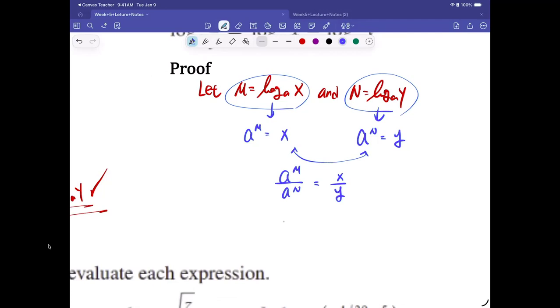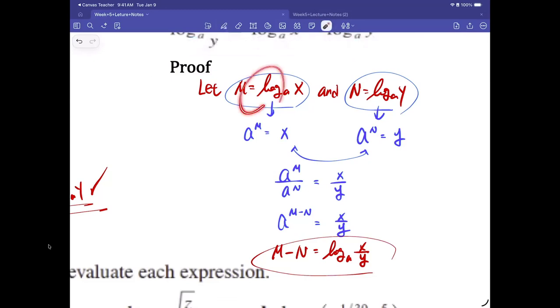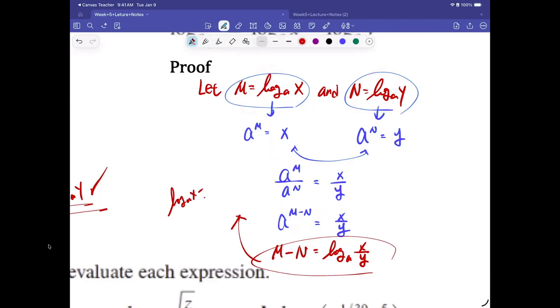This gives a to the m minus n equal to x over y. Then now you can change to the log equation. M is this, and n is this, so that's why it's equal to log base a of x over y.